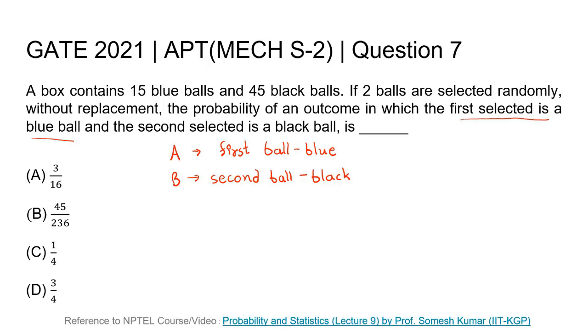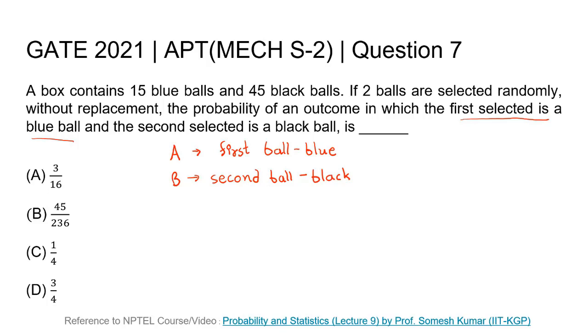Right now in event B, we are not saying that second selected ball is a black ball given that first selected ball is a blue ball. Event B is only that second selected ball is a black ball. So right now event A and event B is independent from each other.